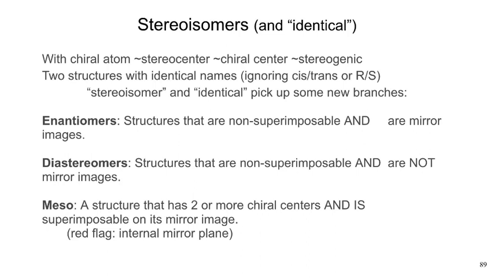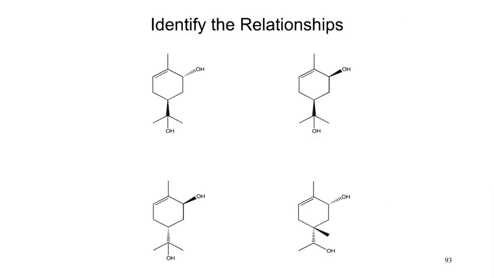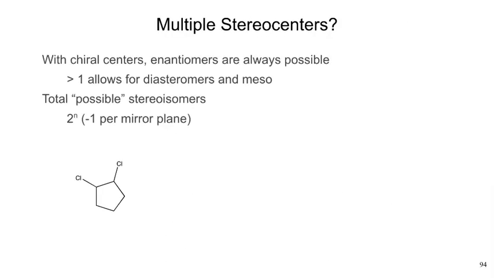So where we will pick up on Wednesday is two places. One, this guy. What we're going to do is draw all the possible wedge dash combinations that we can get out of this. Okay? If you've already got them drawn, it'll make Wednesday go a lot faster.